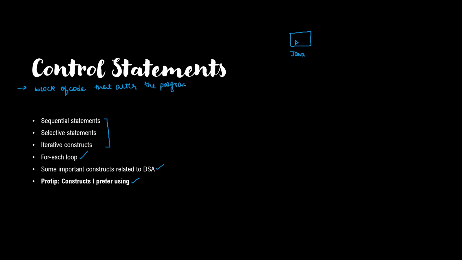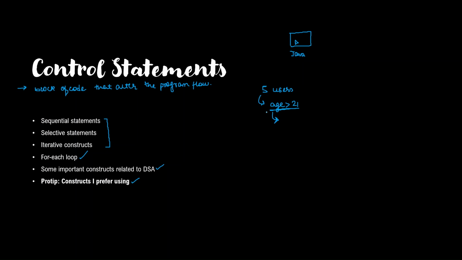So, if I say that I want to accept the name of 5 users, and I only want to display those users who have their age above 21 to be clear of drinking and doing all those alcoholic activities, in that case, you need to use control statements. You need to use if else statements in order to differentiate a user whose age is below 21 and whose age is above 21. So we'll be learning about this throughout this video.